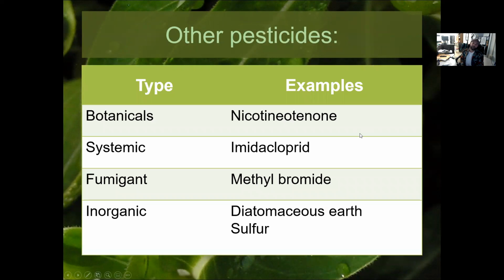So some other pesticides: you have botanicals, systemic, fumigant, and inorganic. Some examples of this would be nicotine, rotenone, methyl bromide, diatomaceous earth, and sulfur.